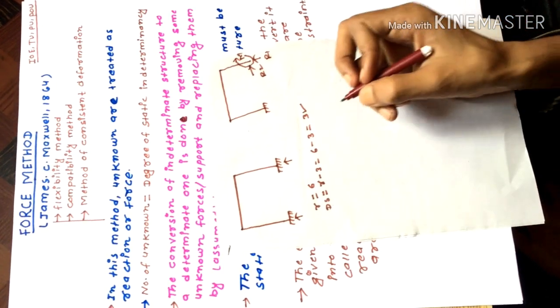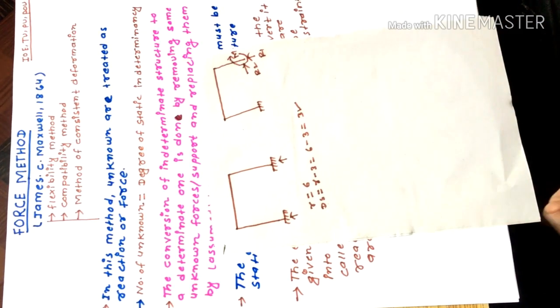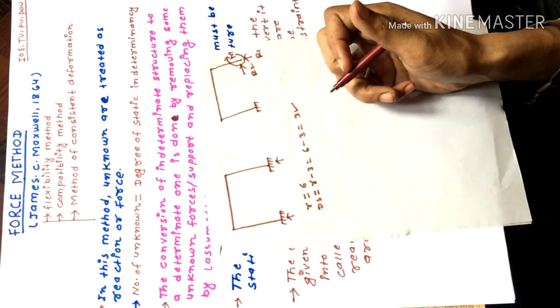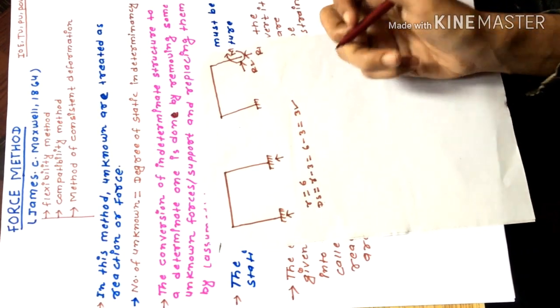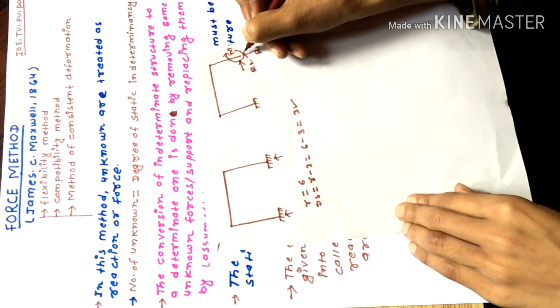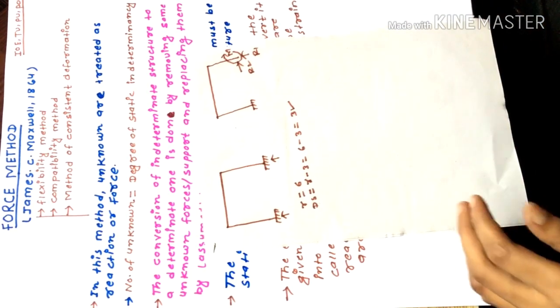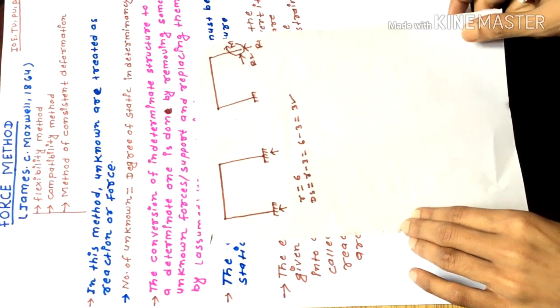To analyze an indeterminate structure, the equations of equilibrium alone are not sufficient for the structural analysis. So we need a method which provides extra equations to calculate these unknowns. In this method, the unknown is treated as a force, that's why we call it the force method. The number of unknowns is equal to the degree of static indeterminacy.